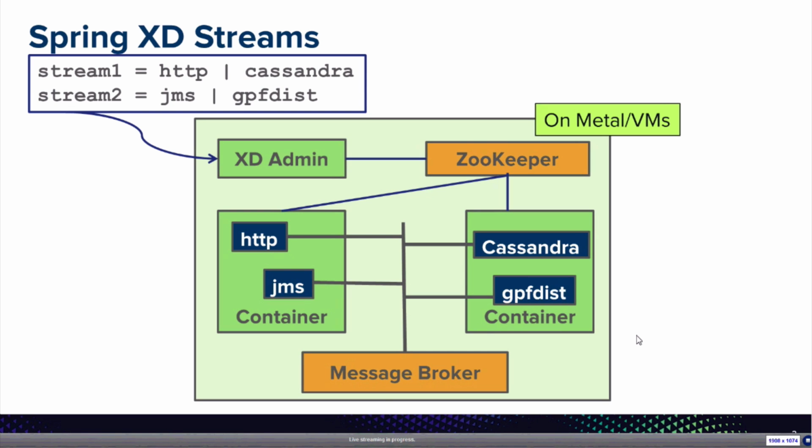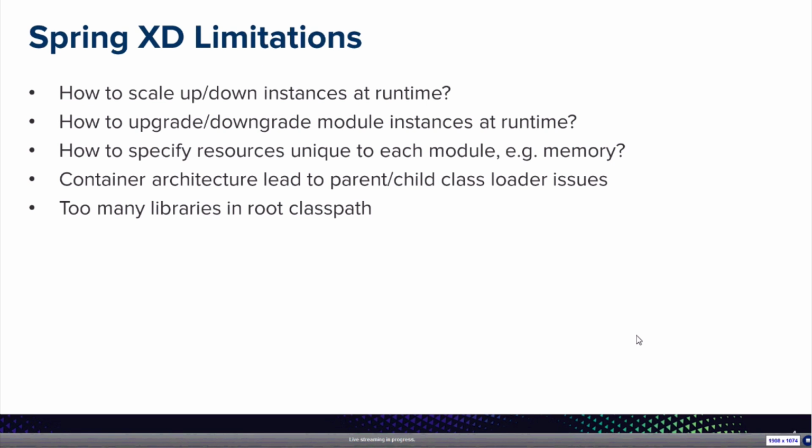And as we got into the project and we got a lot of feedback from various customers and users, various sort of questions came up about how should we scale up and down the instances at runtime, how do we change versions, basically, of the module. We call them modules, these JMS sources or Cassandra sinks.